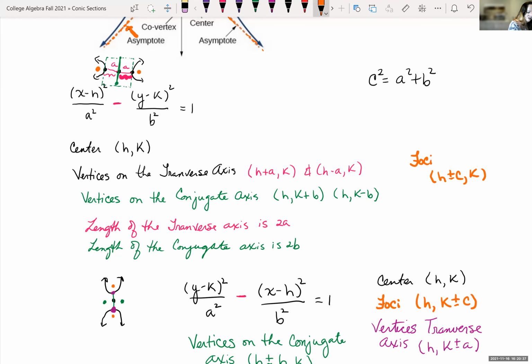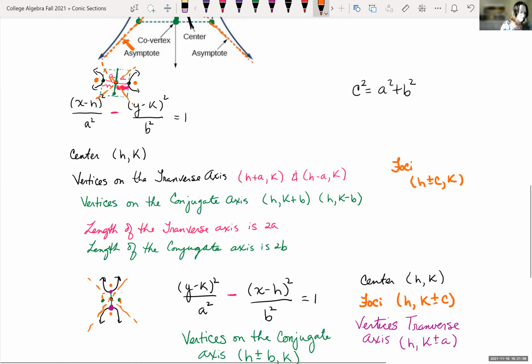And then we're going to draw a diagonal line through the corner and the center. Kind of make this box. And I didn't do a great picture, but the hyperbola shape is going to be hugging those asymptotes as it goes off to positive and negative infinity.